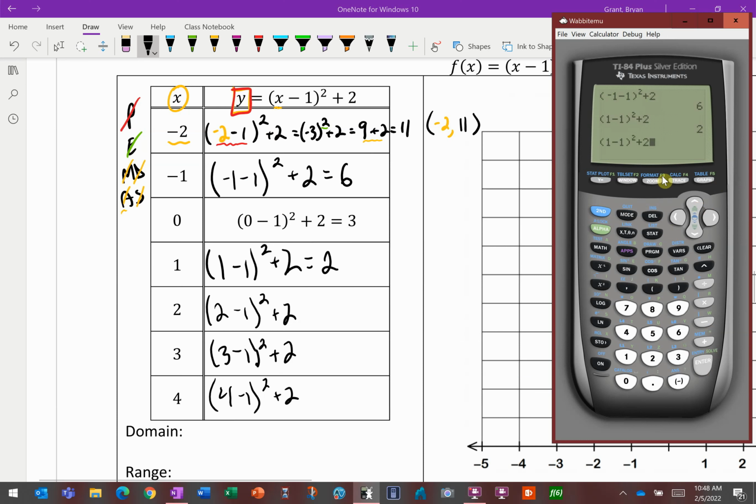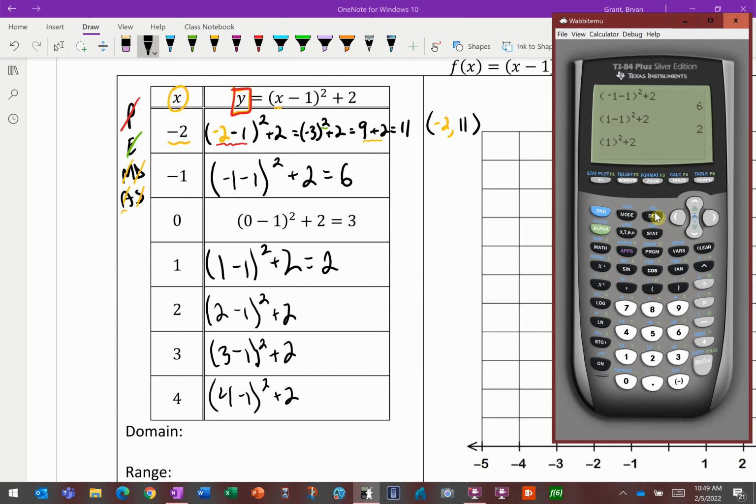Let's say that you accidentally delete 2 things at once. Gasp. You delete both of those. You're like, oh no, now I have to redo the whole thing. Well, you actually don't. All calculators come with an insert key that says INS. It's right above delete. And if you do second and then delete, which is insert, it'll start flashing the number, which tells you it's not going to replace the number anymore.